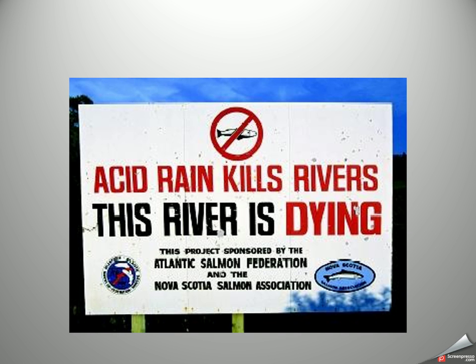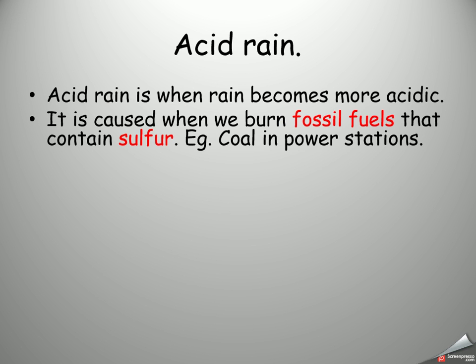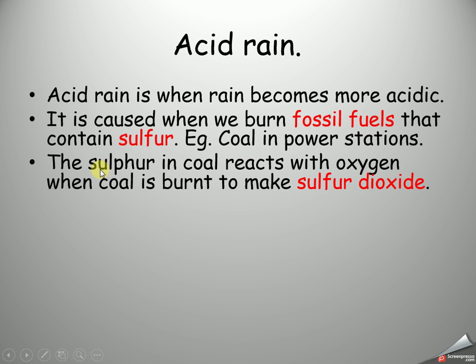Okay, so how is acid rain caused? Well, acid rain is when rain becomes more acidic than it already is, because rain is slightly acidic as it already is. So what happens is that we burn fossil fuels, and that contains sulfur. Lumps of coal in power stations contain sulfur inside them. When we burn the coal, we burn the sulfur as well, and it reacts with oxygen, like everything does when it burns.